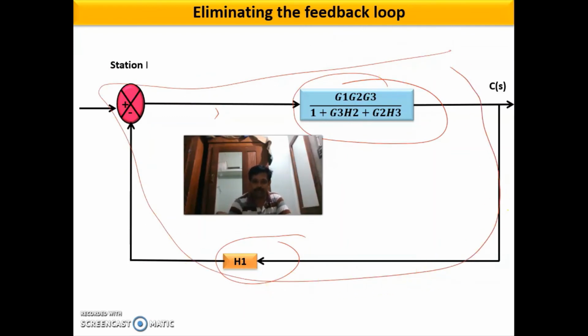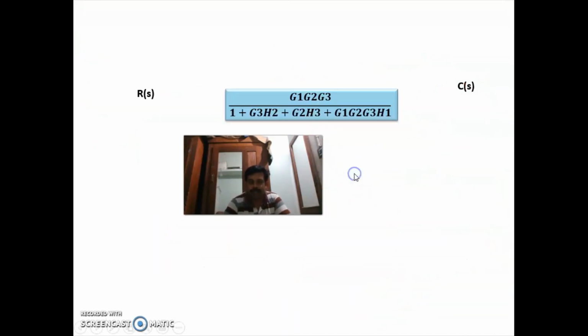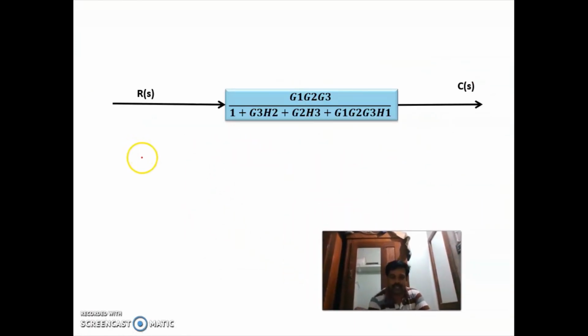Please listen. The input to station 1 is R and the output is C. For the first case, we can take this output as C1, and the input is R. So we have to calculate C1 divided by R. This is a feedback, and replacing this feedback, this is the transfer function.